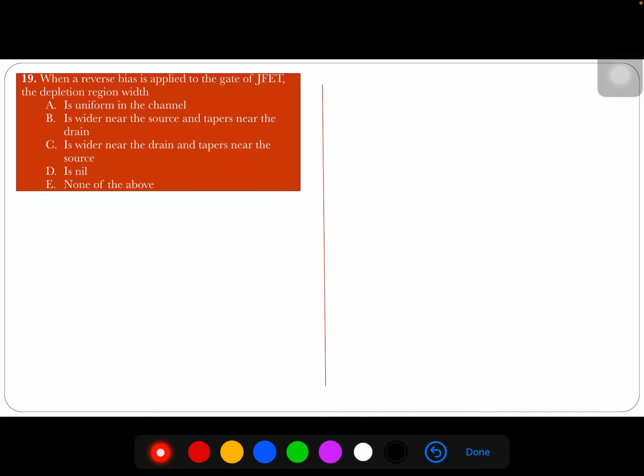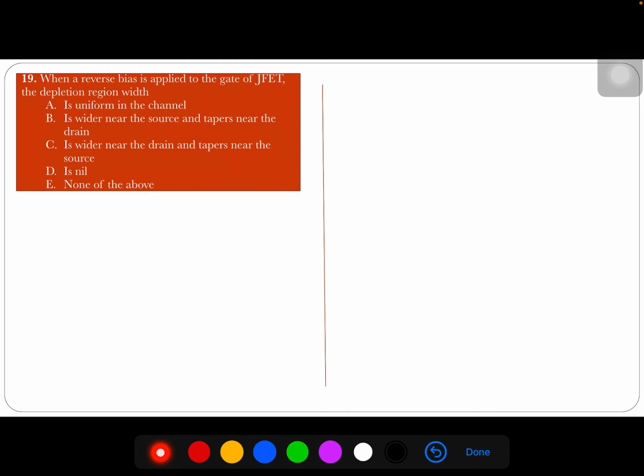Next question. When a reverse bias is applied to the gate of a JFET, the depletion region width. First of all, remember that a JFET only works when its gate is reverse biased. When you keep on reverse biasing the gate, the depletion region goes on increasing, which further reduces the channel, so channel width goes on decreasing.